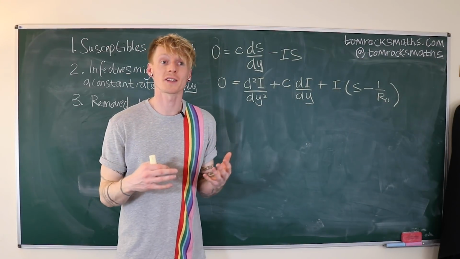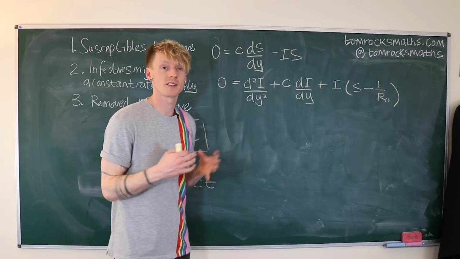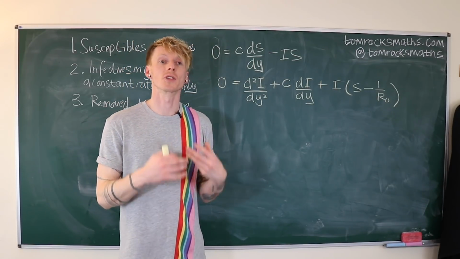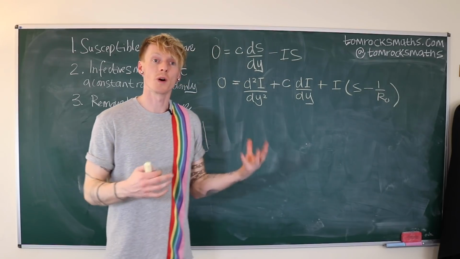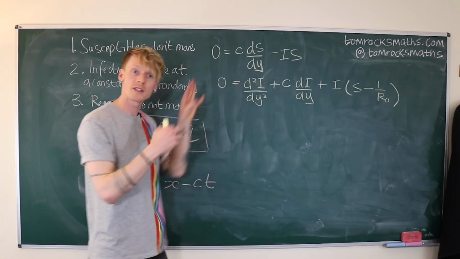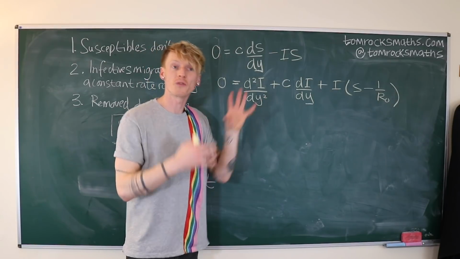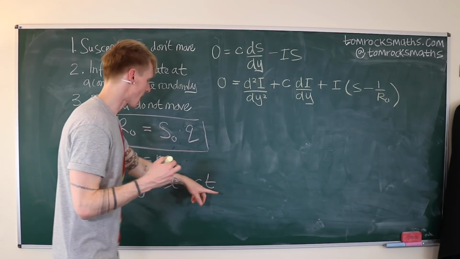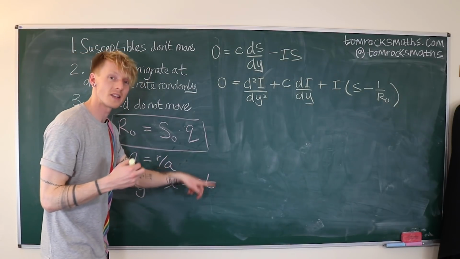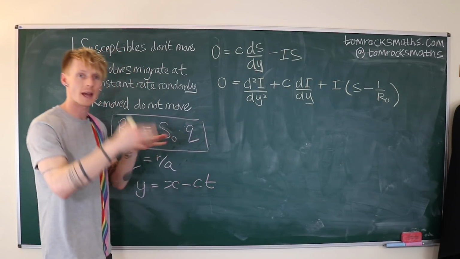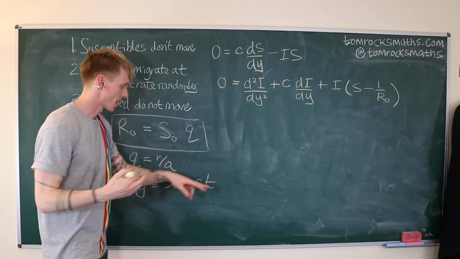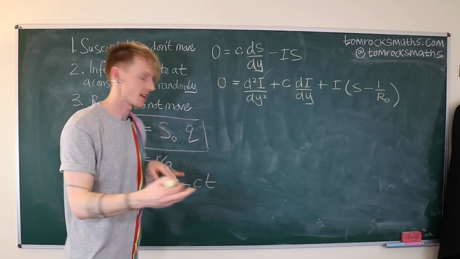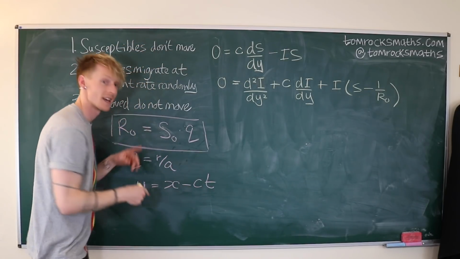Once again, we find ourselves wanting to solve a set of differential equations, which means we need some boundary or initial conditions. So what we do here is we go backwards in time to before the start of the epidemic. So if we let time go to minus infinity, which means going back into the past, then y is actually going to go to plus infinity because of this minus sign.